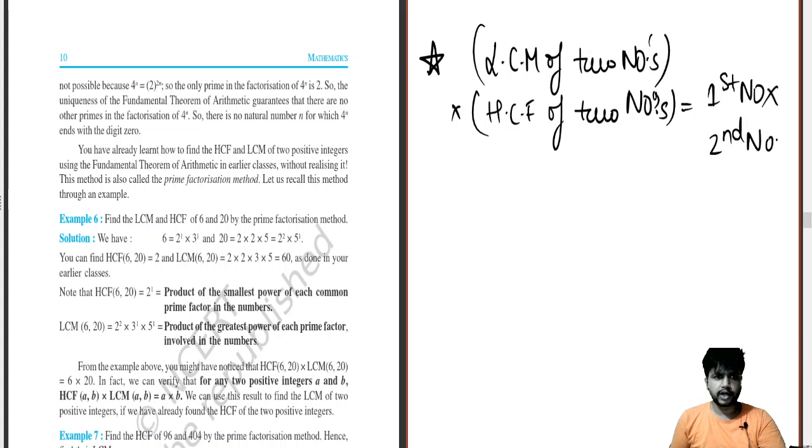This is the most important rule you have to understand, and it is pretty sure that one of the sums will come in your exam related to this. You have to be very sure that this type of sum will appear in your exam.